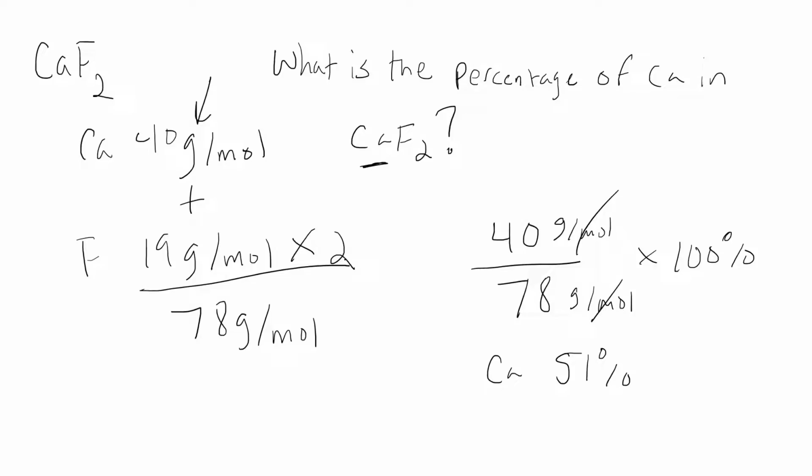Now, since this is 51%, we can assume that fluorine is going to be 49%. How could we figure that out? We can take it a step further. If we look at fluorine, we know we have CaF2.